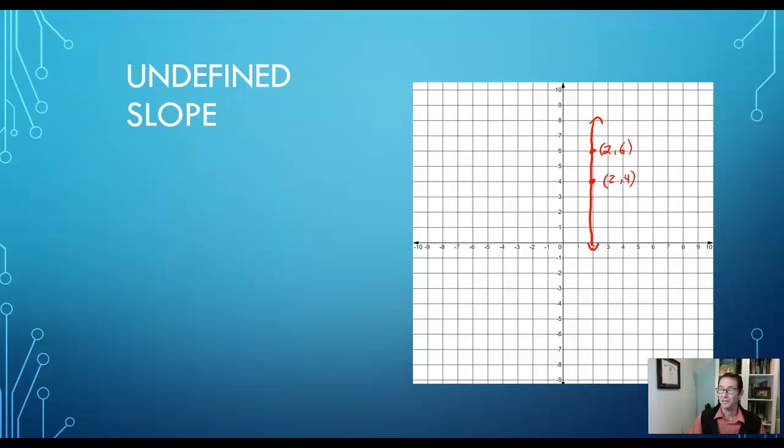Now when I apply the slope formula, I'll have the change in y, which is 6 minus 4, over 2 minus 2, which is a 0. So this gives me a 2 over a 0. And hopefully we've learned by now that you can't divide by 0.